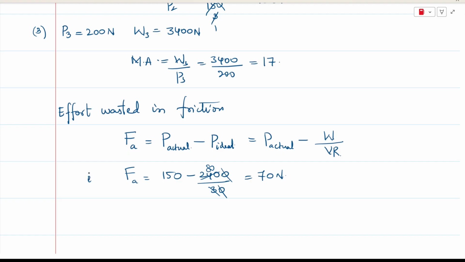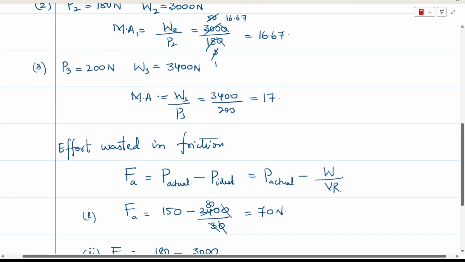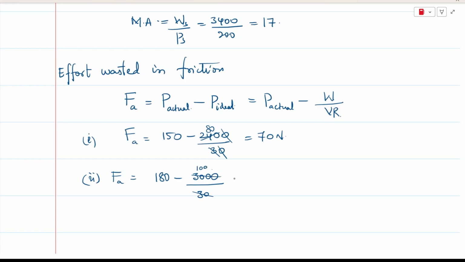This is for case number 1. Similarly for case number 2, the effort applied is 180 minus the load lifted, W2 equal to 3000, divided by velocity ratio 30, which is 100. So 180 minus 100 is 80 Newtons in the second case.